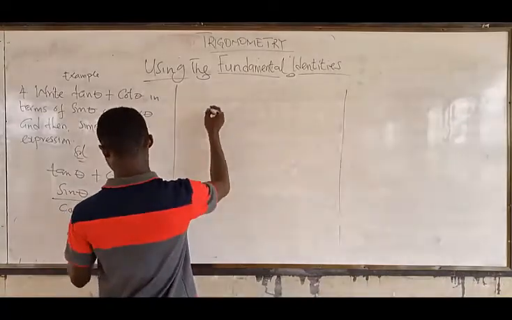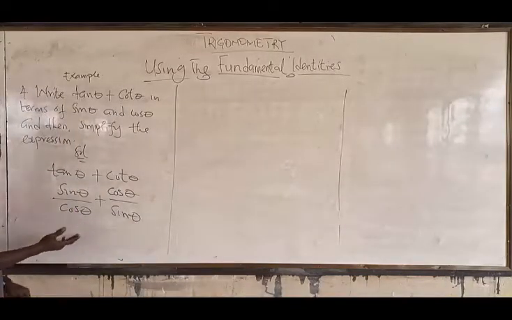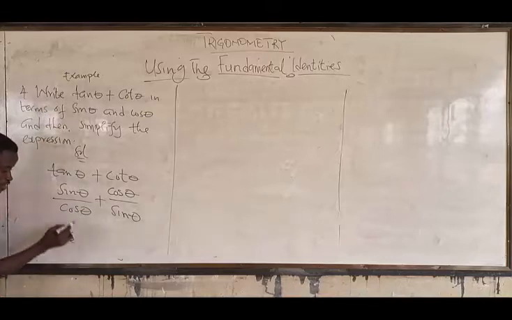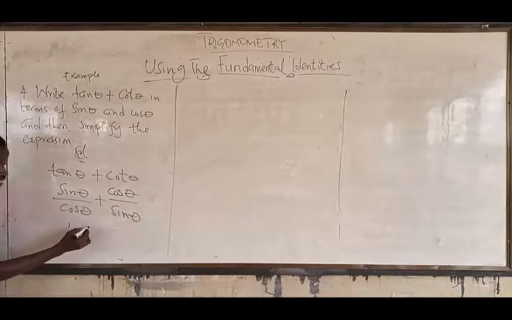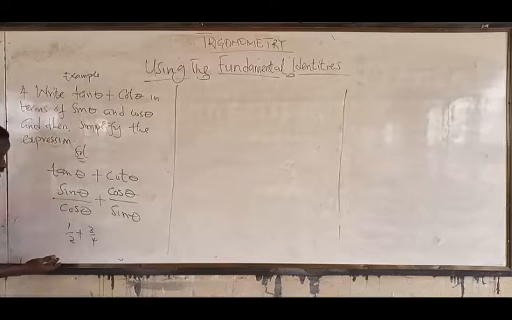Very good. Now, if you have this, it's the same as having a fraction like half plus 3 over 4. The only thing you can do to simplify this is to ask yourself the LCM.